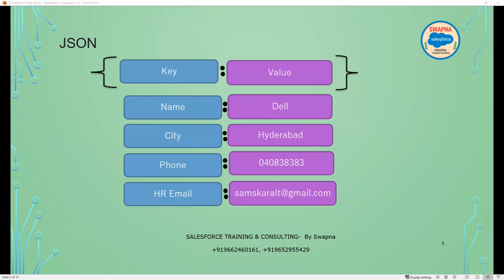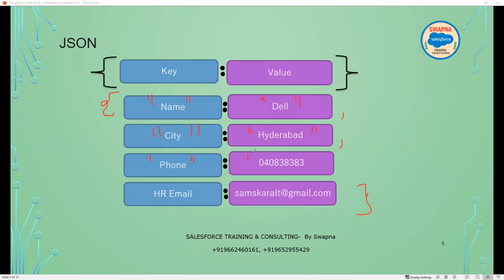Basically, this entire thing is stored in curly braces from here till here. This is the open one, this is the closed one. This is name, colon, Dell, and then you have a comma. This is another key, city, colon, Hyderabad, comma, and then you have phone in double quotes.